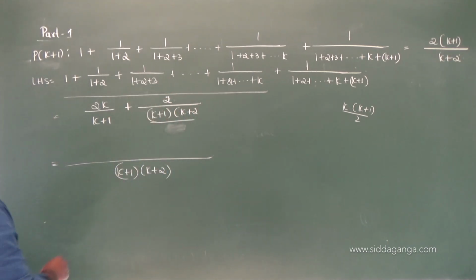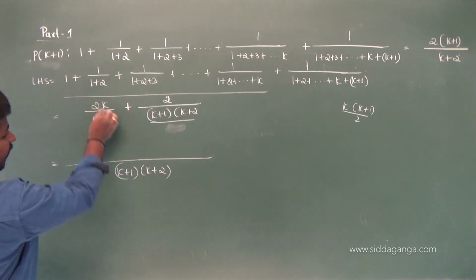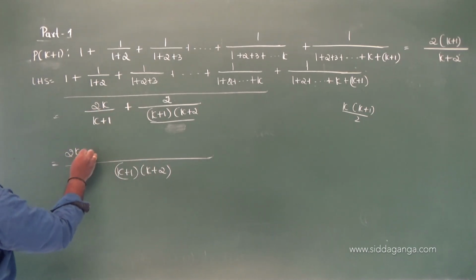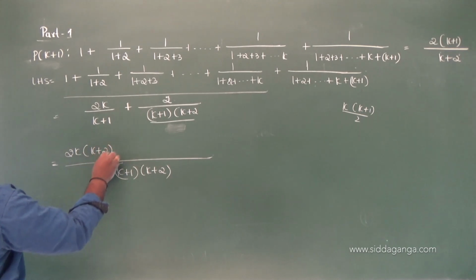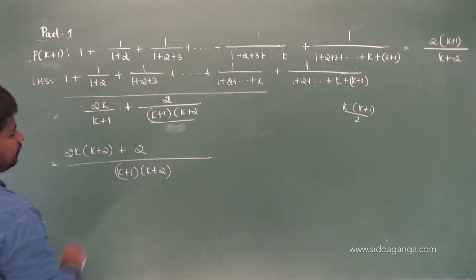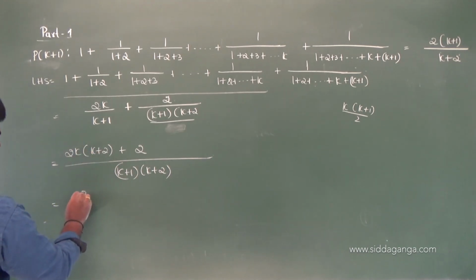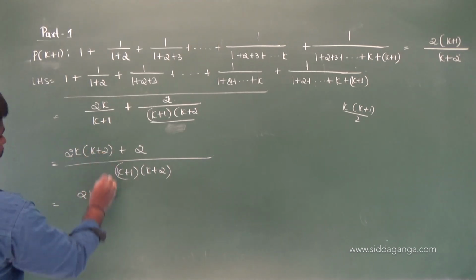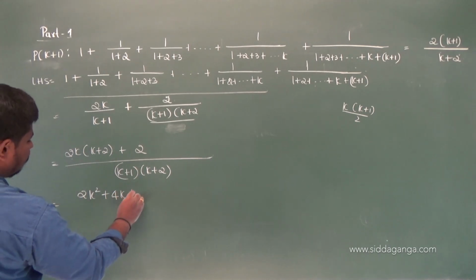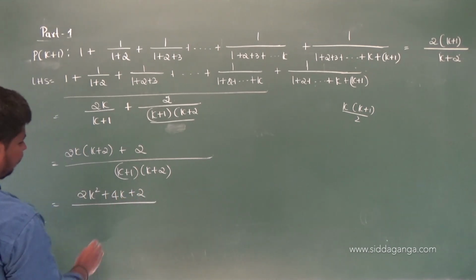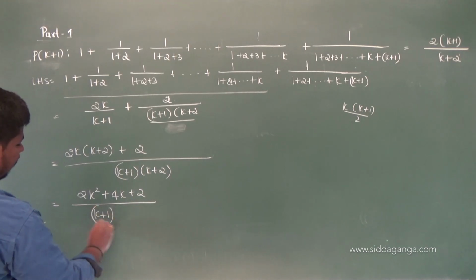Now k plus 1 and k plus 1 get cancelled, so 2k into k plus 2 plus 2. You get 2k square plus 4k plus 2 by k plus 1 into k plus 2.